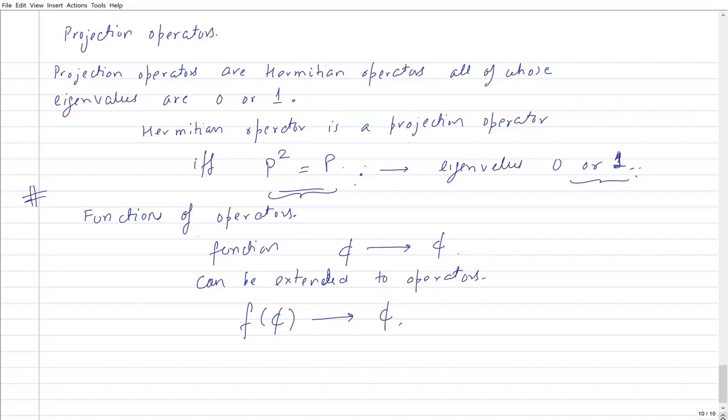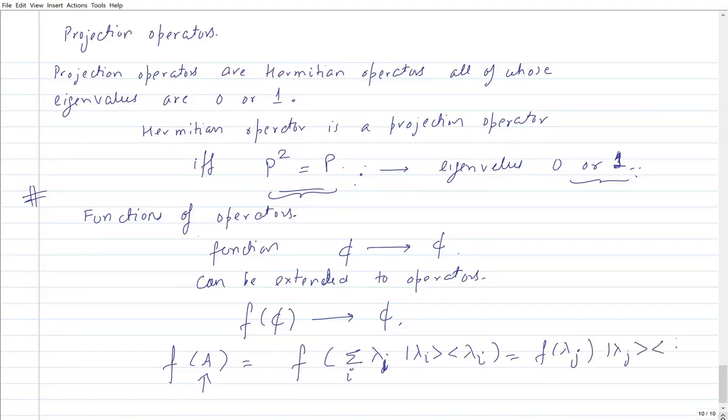So let's say I have a function of an operator A, which takes an operator as input. What do I get? I put the spectral decomposition of the operator A inside it, and that gives me this guy.